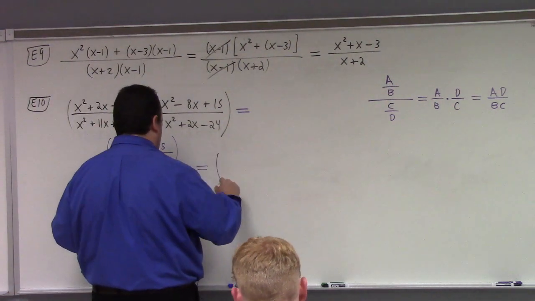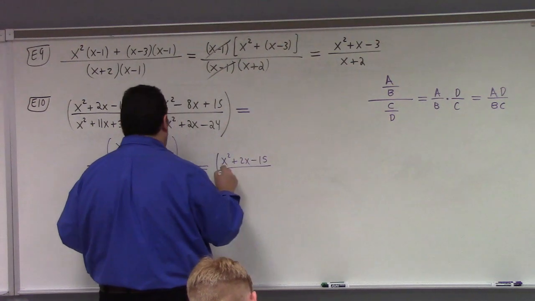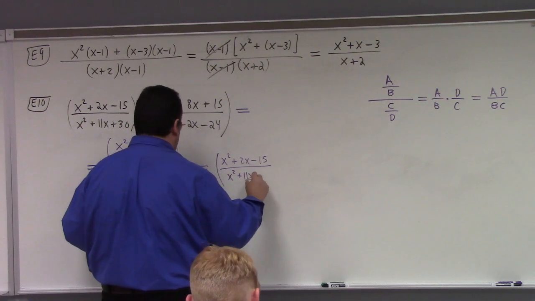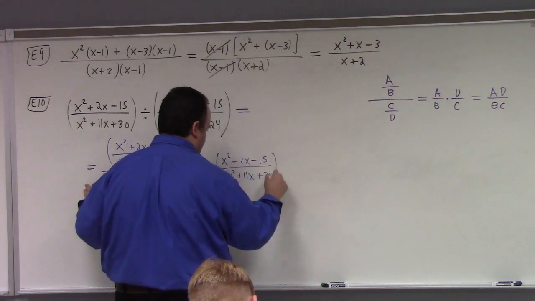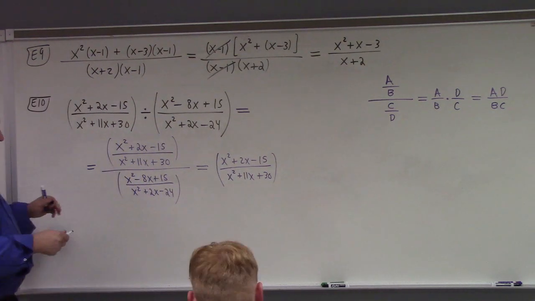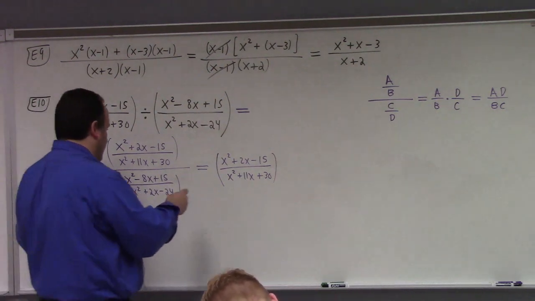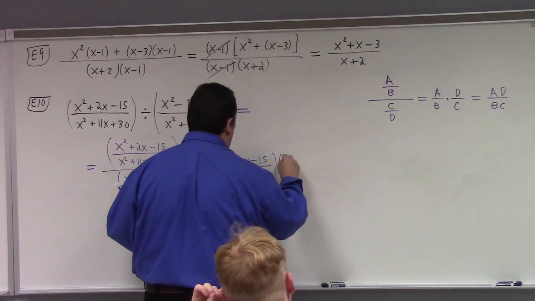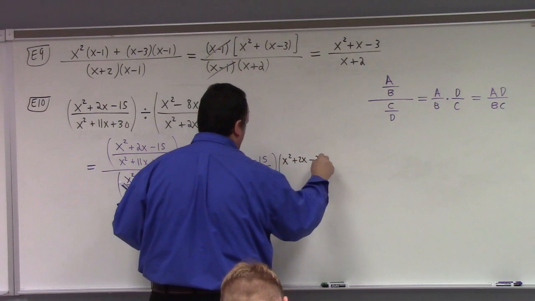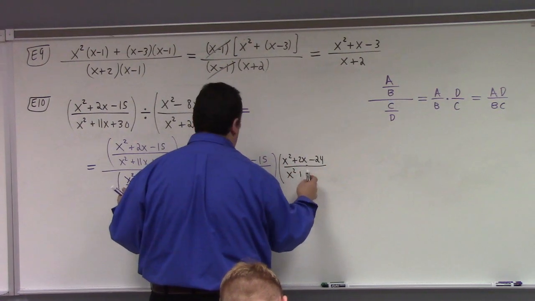So let's do that. Multiply by the reciprocal. X squared plus 2x minus 15 over x squared plus 11x plus 30. Sorry I'm introducing this concept with such a hideous expression, but here it is. What's the reciprocal of the denominator? We flip it. So it would be x squared plus 2x minus 24 divided by x squared minus 8x plus 15.